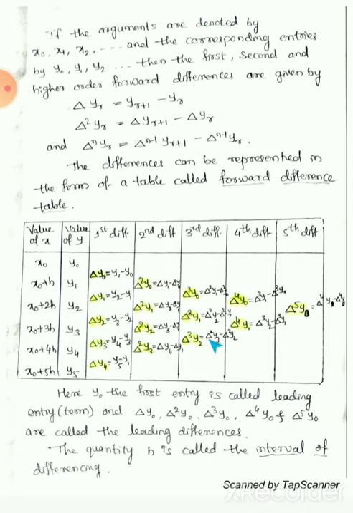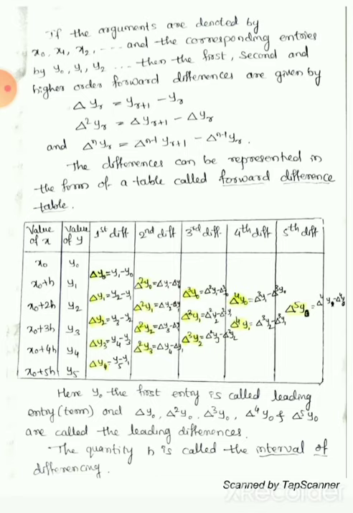Del cube y1 is del square y2 minus del square y1. Similarly, you can calculate, and these are the 3 different third differences. You will get 2 fourth differences. And if you take the difference of these 2, you will get only 1 single fifth difference. And here the process stops.